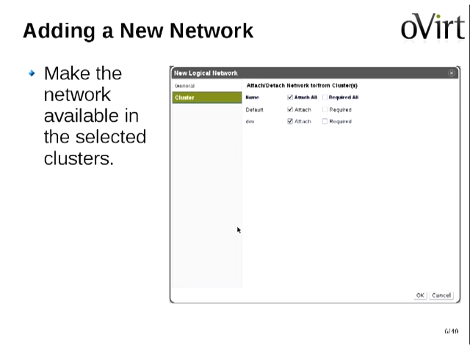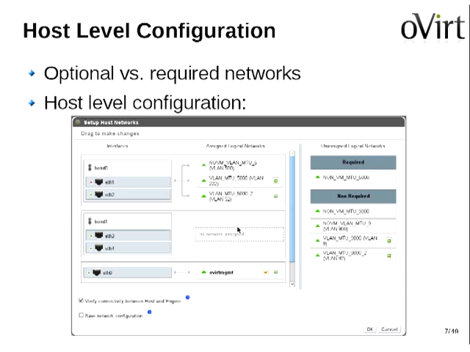It will be available in the future, and we can set it in the cluster view anyway. So now that we added the network and it's attached to a cluster, that's the most basic. We need to configure it on the host.